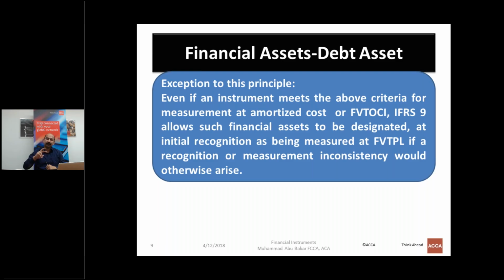So because the interest rate swap is being measured at fair value through profit or loss, the financial asset will also be measured at fair value through profit or loss, even though that financial asset meets the conditions required to be measured at fair value through other comprehensive income or at amortized cost. So this is basically the concept which we discussed yesterday as well.